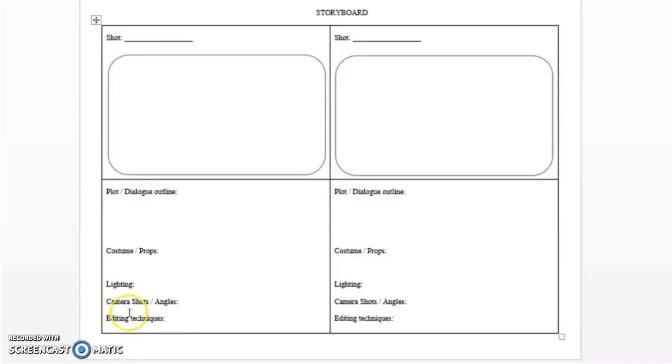So you're going to say the plot is, for example, Katerina and Eurydice meet in a coffee shop to discuss the overthrow. Then for their dialogue, you could give an outline, like in this first shot, they introduce themselves to one another. And then your costume and props.